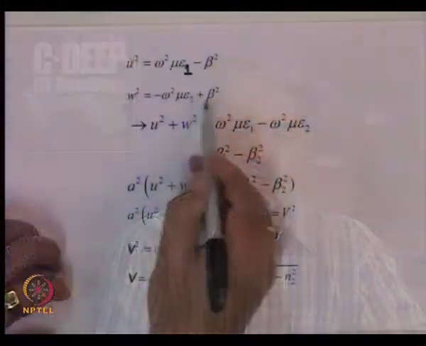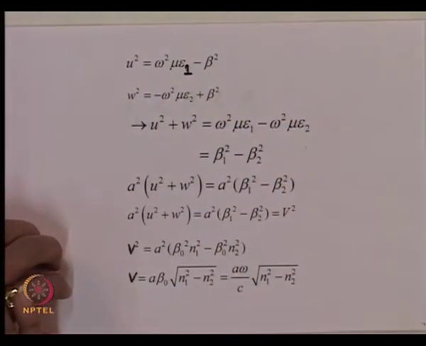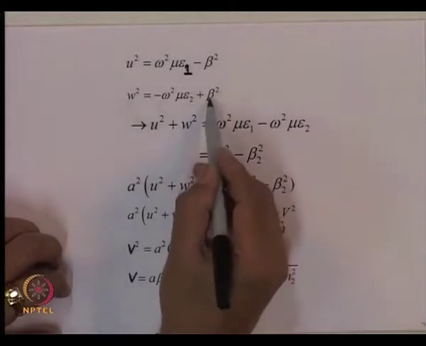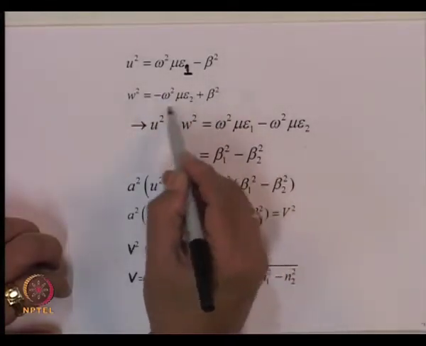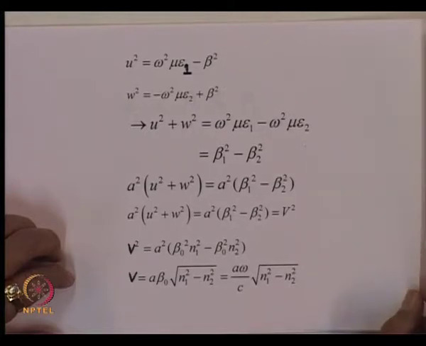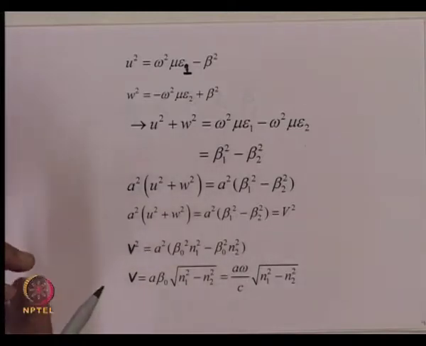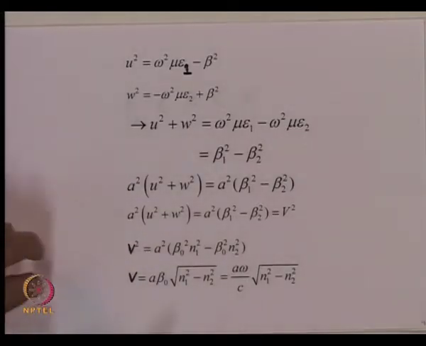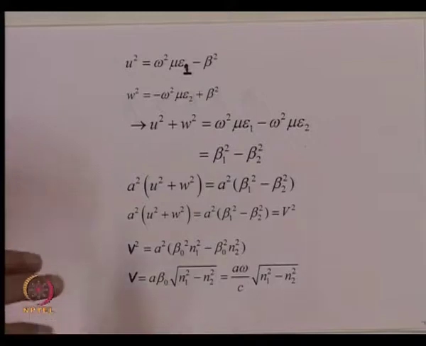Or in other words, as we saw, this quantity beta has to be greater than this quantity. So when beta approaches this quantity, or when beta becomes equal to beta 2, the modified Bessel function gets converted into the normal Bessel function, and then there is no confinement of the energy inside the core, because the field does not die down monotonically in the cladding.